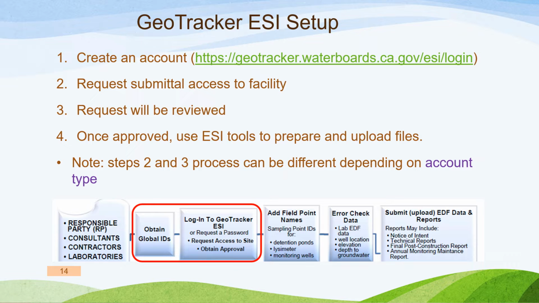Based off your account type, the request will be reviewed by the appropriate party. We'll go into steps 2 and 3 in the next couple slides, just for more clarification on that aspect. But once approved, you should be able to start using the existing ESI tools to either prepare and upload the files onto GeoTracker.